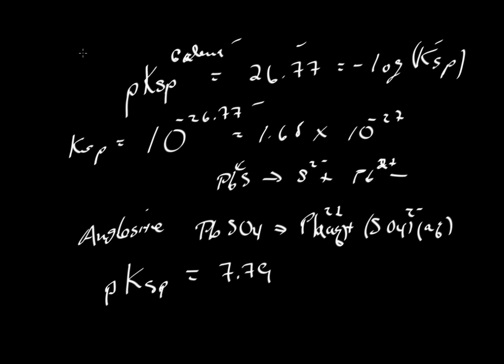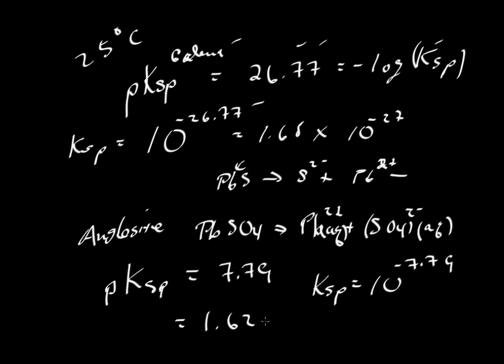Both of these values are for conditions of 25 degrees centigrade, by the way. If we change the temperature, then these PKSP values would be different. And so to get the KSP, we'll take 10 and raise it to the minus 7.79 power, and we would get 1.62 times 10 to the minus 8.